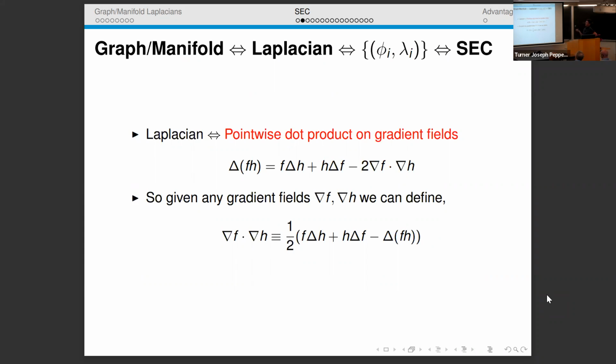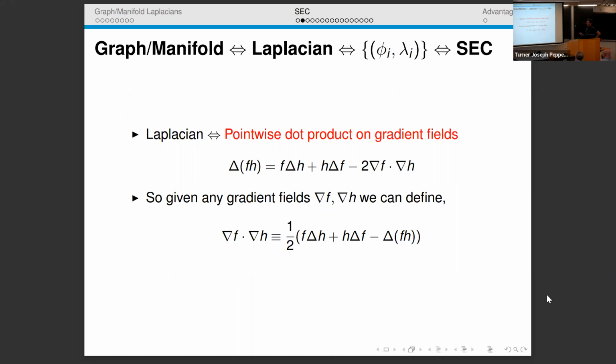All right, so here's the key. This was just an afternoon calculation that I want to take you through, that inspired this entire idea. The idea is, how can you get the Riemannian metric from the Laplacian? This is the most fruitful way to go about it, though there are other ways as well. If you take the Laplacian of a product of two functions, you get a kind of product rule.